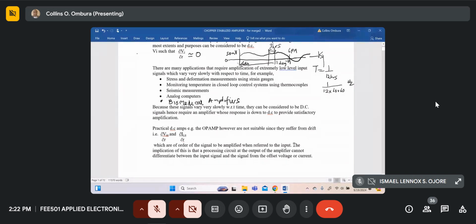The implication is that the processing circuit at the output of the amplifier cannot differentiate between the input signal and the signal from the offset voltage or current. So you have to have a way to discriminate between the useful signal and the noise signal. In this case, the noise is predominantly due to VIO or IIO.